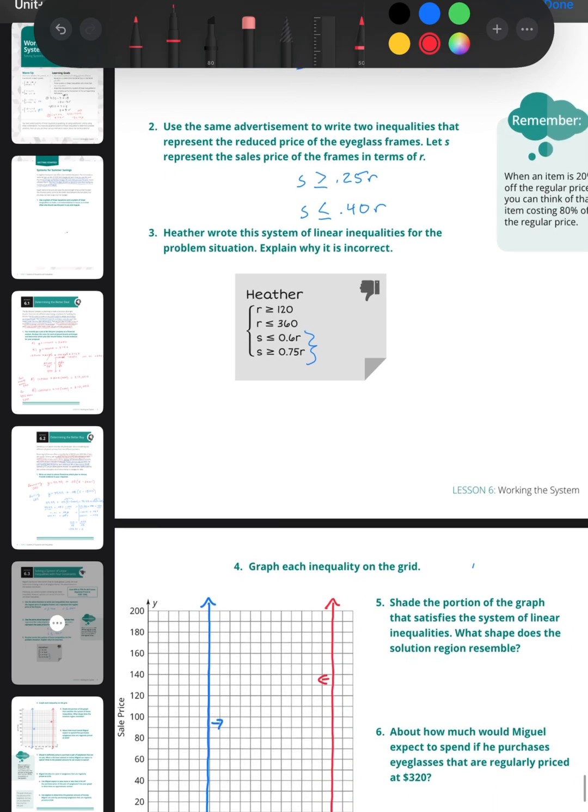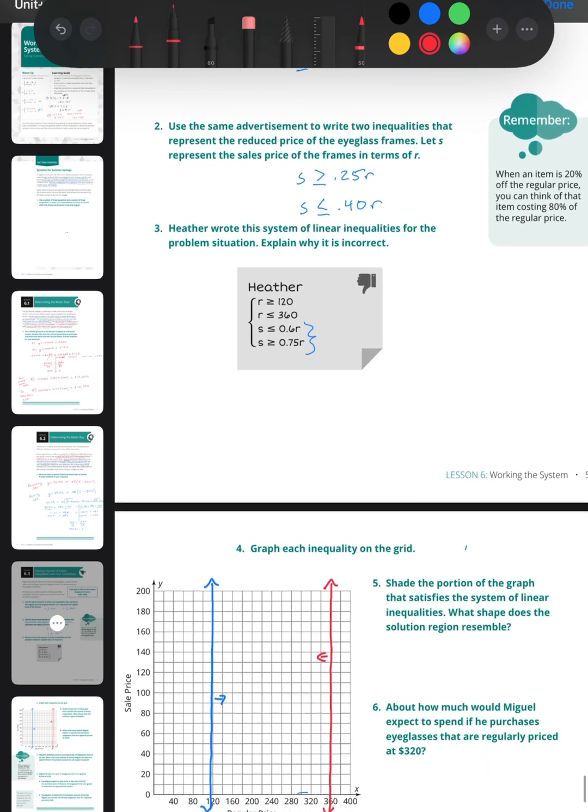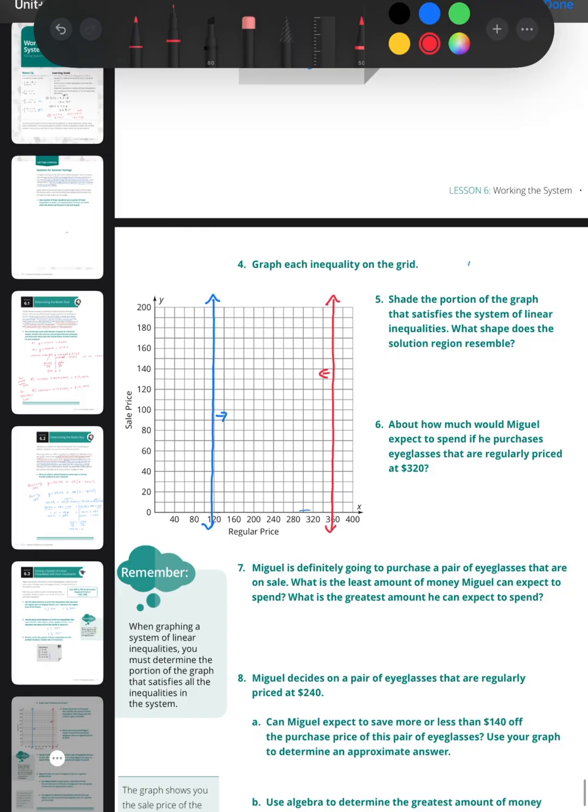And then for the next one, S greater than or equal to 0.25 R. Think of it this way: S is greater than or equal to 0.25 R. That has a y-intercept of 0, so the starting point is 0, and we've got a slope of 0.25. Or to make it simple, we could just plug in a value and get a point.